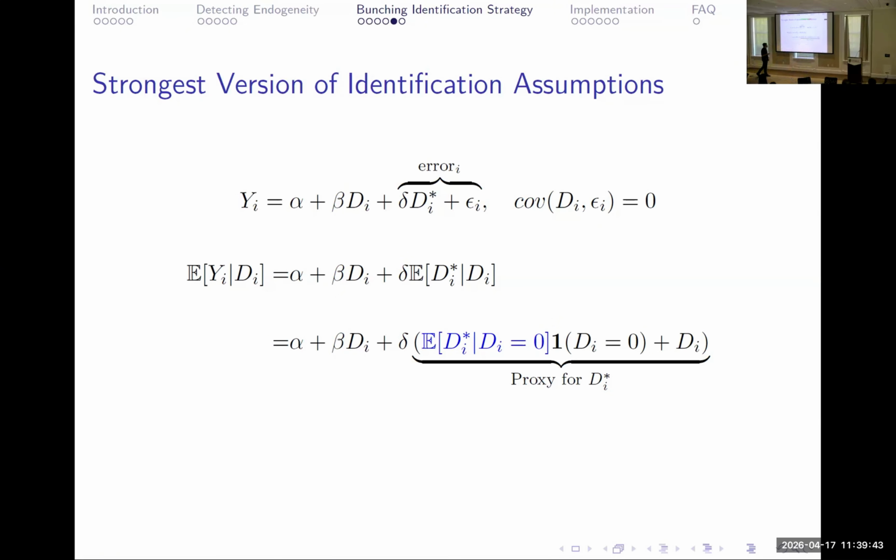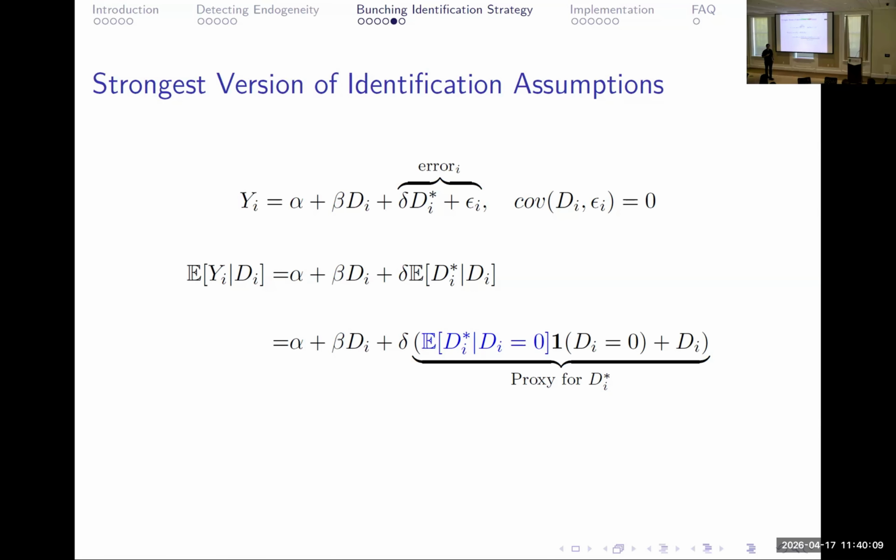And here's a simple proxy that turned out to work for us: whenever D equals 0, this is turned on, and that is just the average type among people that chose 0 hours. And whenever D is positive, whenever you're talking about working mothers that actually work, this whole term is turned off, and D star exactly equals D, right?